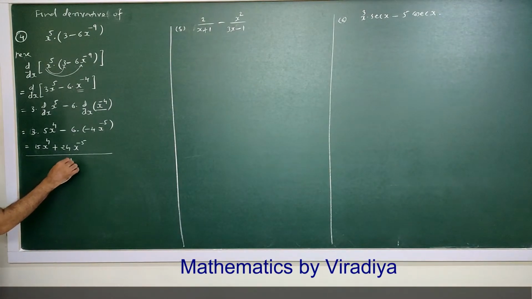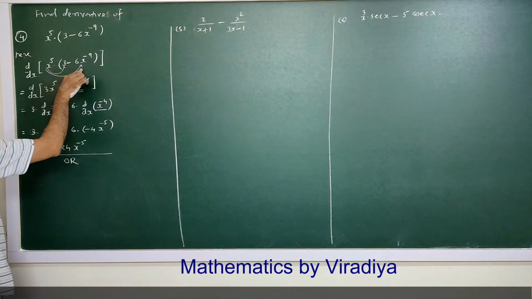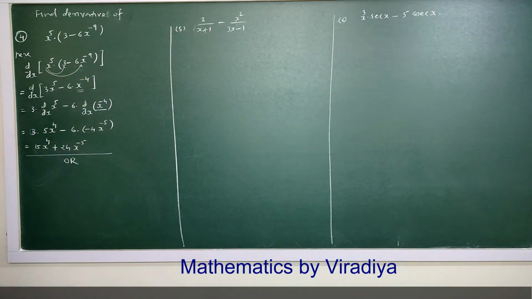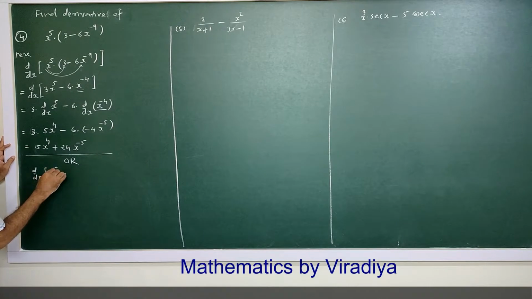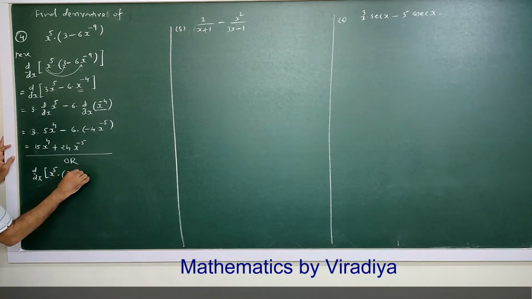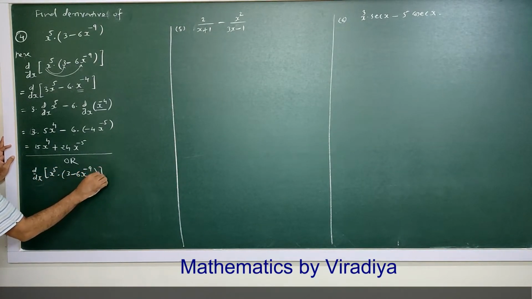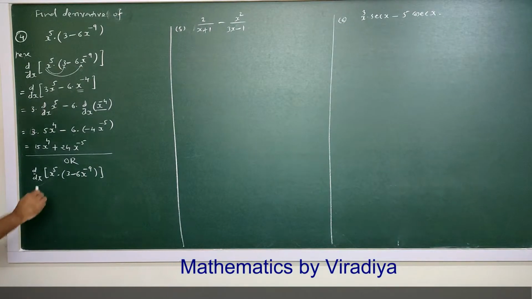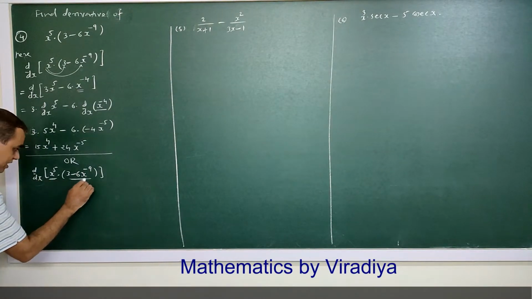Or you can also differentiate this by the u into v rule: d by dx of x raised to 5 into (3 minus 6 into x raised to minus 9). Consider this as u, this as v.